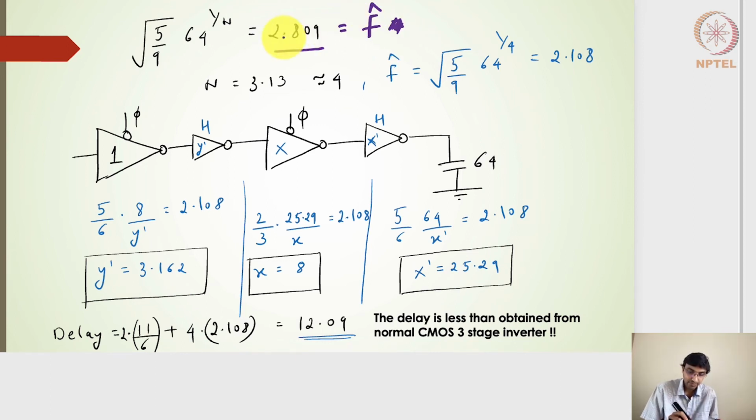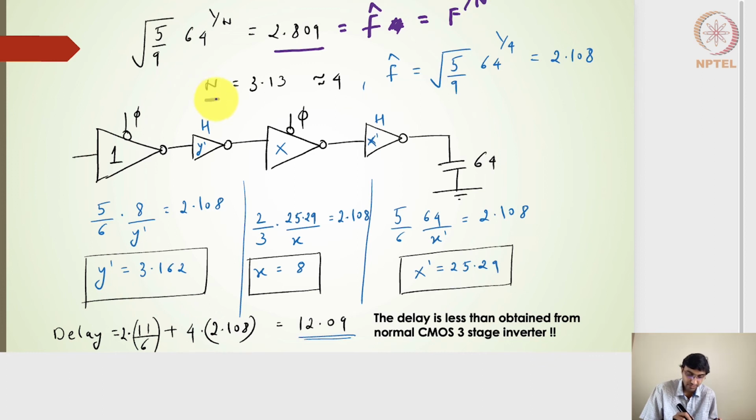Right, now the f cap is written as 2.809, and which will be nothing but f raised to 1 by n, or rather I'll write it as n cap, because it's the best one. So for getting 2.809, what should be that n cap?